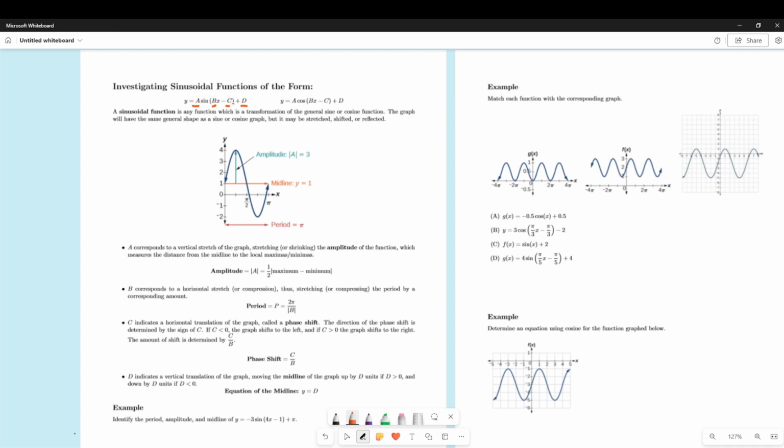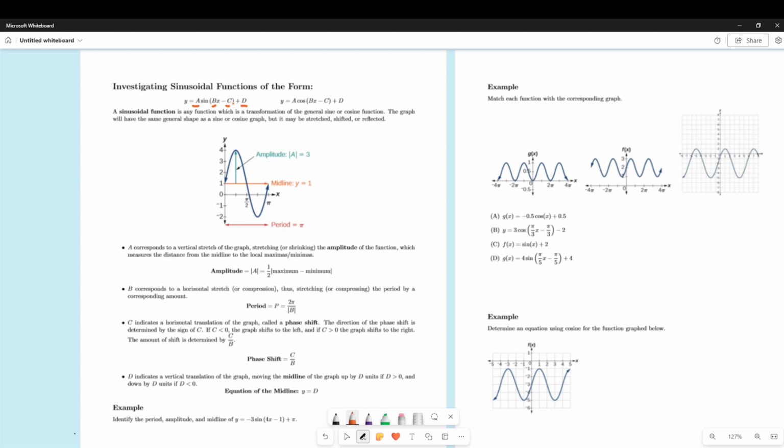So those four values are going to determine the change in behavior from our standard sine. Cosine is going to be the same for tangent, cotangent, secant, and cosecant as well. Looking at those four things and what they do.